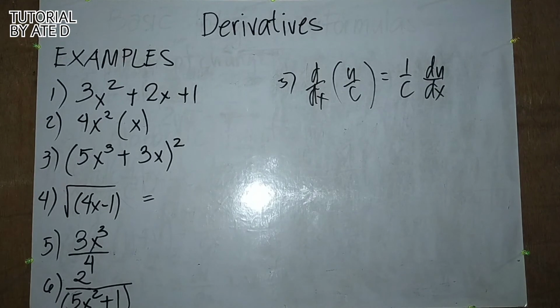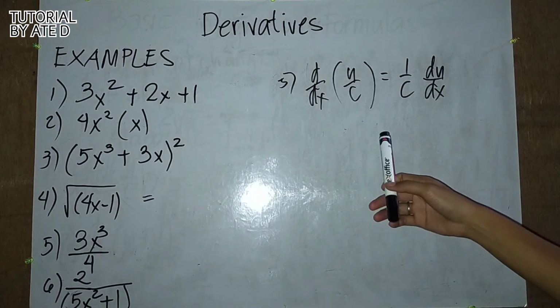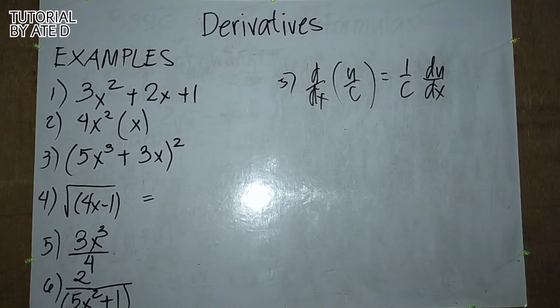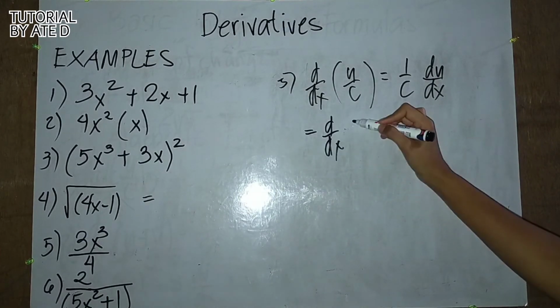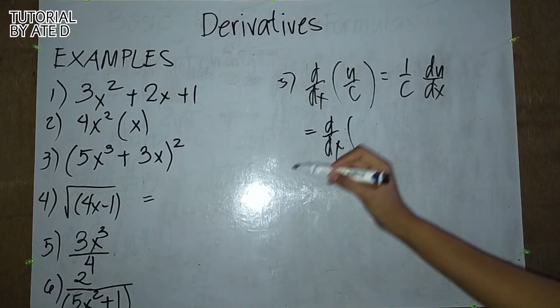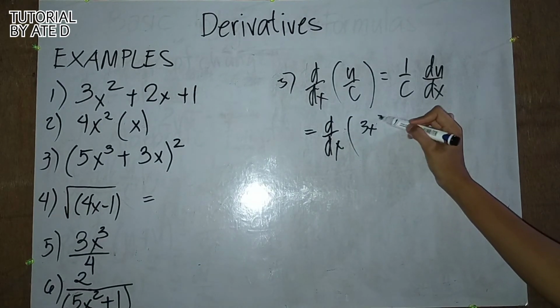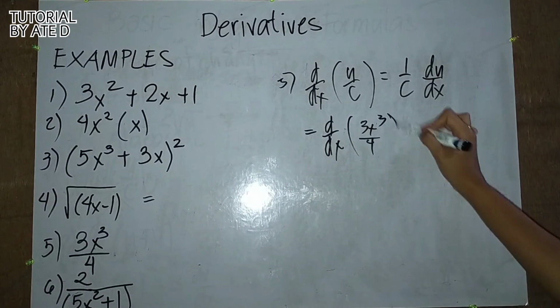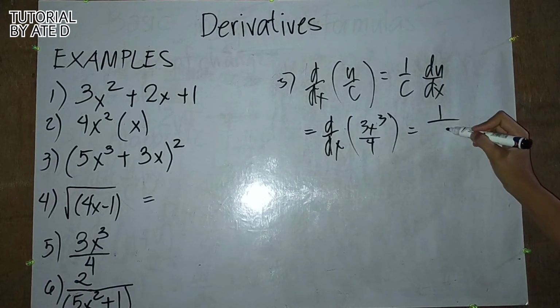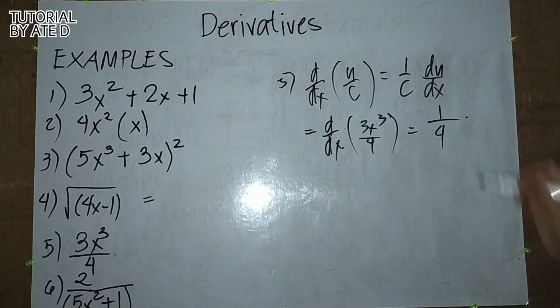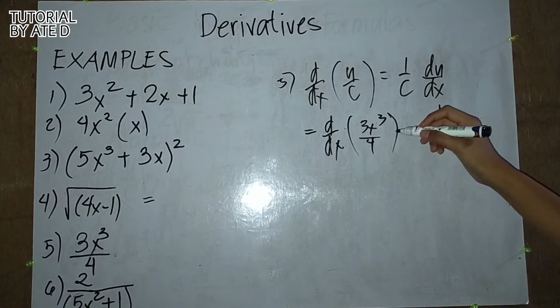So, proceed tayo sa number 5. Sa number 5, ang gagamitin natin dito ay yung number 6. Pwede din siyang tawaging derivative of a quotient. So, ang gagawin, kopyahin lang natin yung constant. So, 3x cubed over 4. So, magiging 1 all over 4. Tapos, i-multiply dito sa derivative ng numerator.